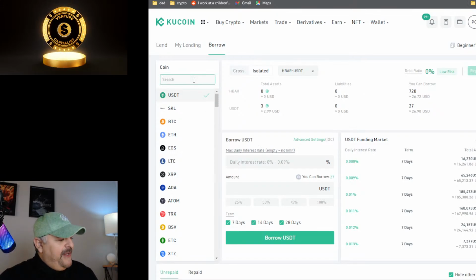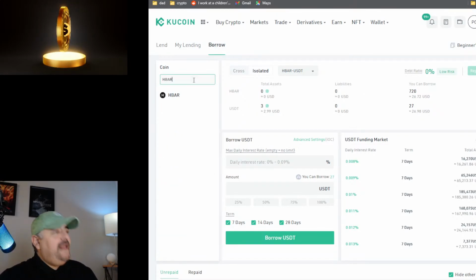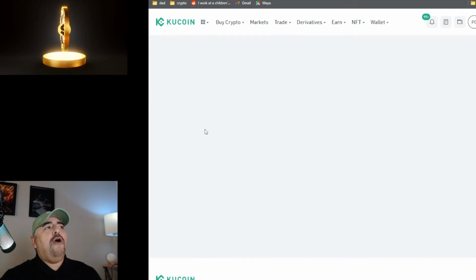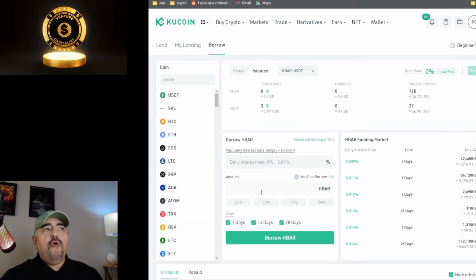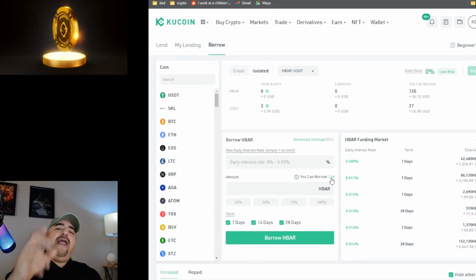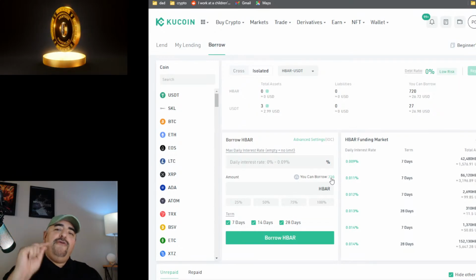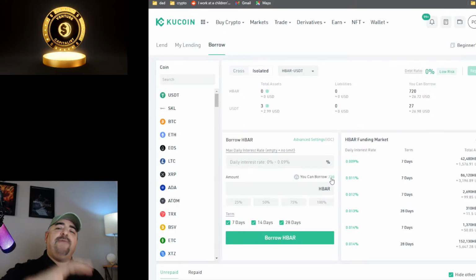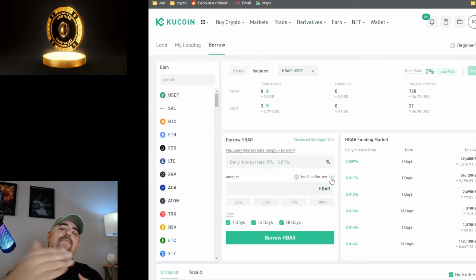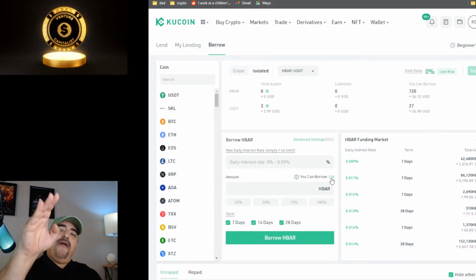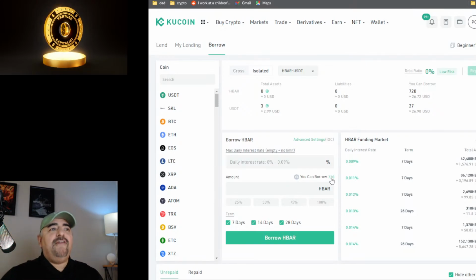We're going to type in HBAR up here because we're going to borrow the coin we want to short. What that basically means is that we're going to sell HBAR at the high price, and as it goes down in value, we're going to buy it back at the lower price and give back the HBAR we borrowed, keeping the margin of profit between the price we sold and the price we bought back, right?